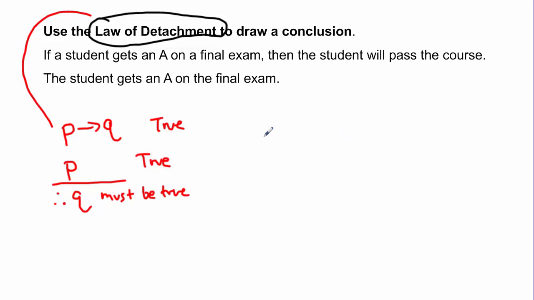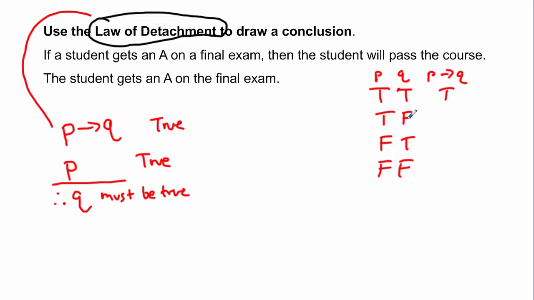And if I happen to forget why this works, if I had a quick truth table for P and Q, true and true, true and false, false and true, false and false, and I made a conditional out of those two, I can see that when you have a true hypothesis and a true conclusion, the conditional is true.